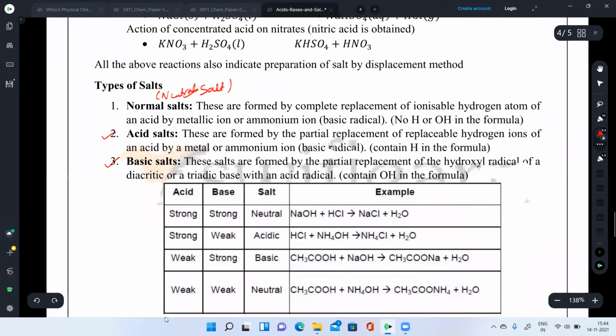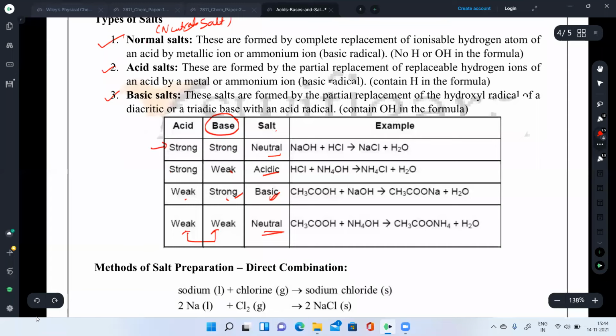Strong plus strong, it is neutral. Strong acid plus weak base, it is acidic. Weak acid plus strong base, the part which is strong dominates. The base is strong, so the salt is basic. And if you take both weak, then it will be neutral. So that's the category of normal salt, acidic salt, and basic salt.